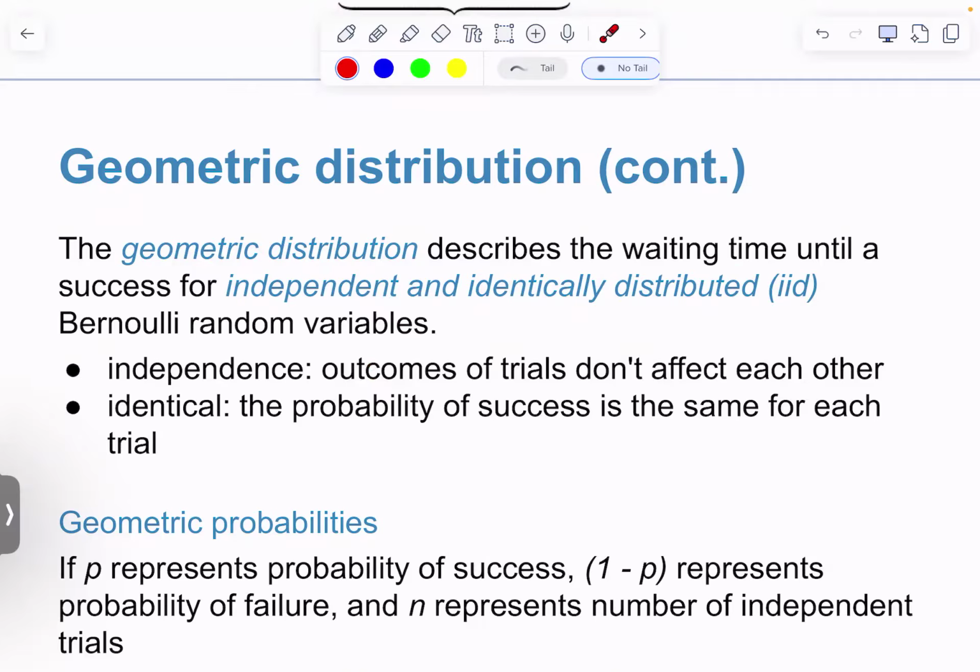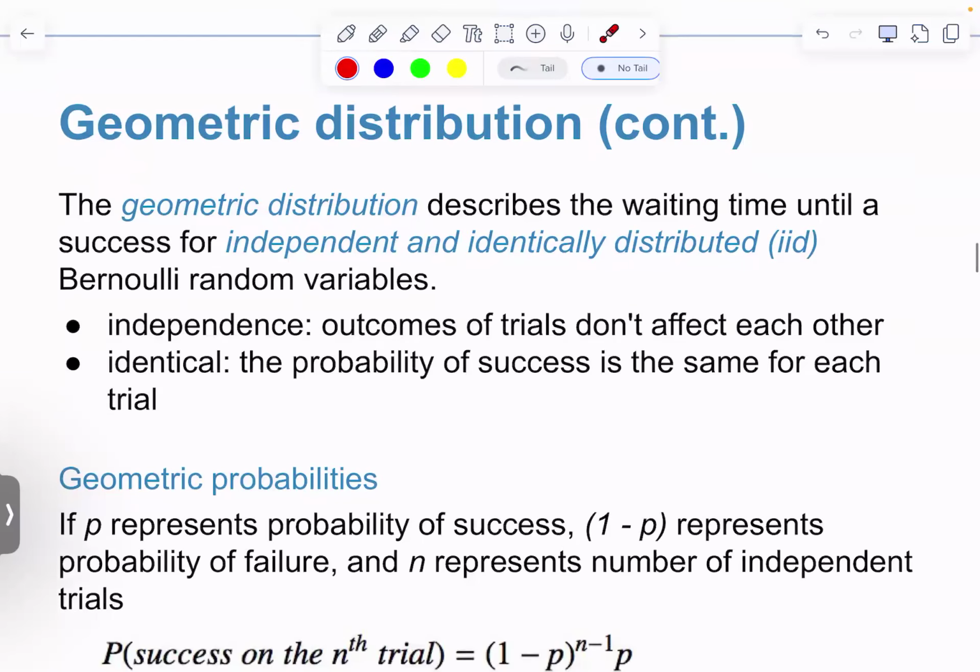Each teacher who steps in, we assume they didn't talk to each other, that kind of thing. So the probability of the teacher shocking the student stays the same, so they're independent. And then the identically distributed is that the probability stays the same, so we've just summarized that as independent.